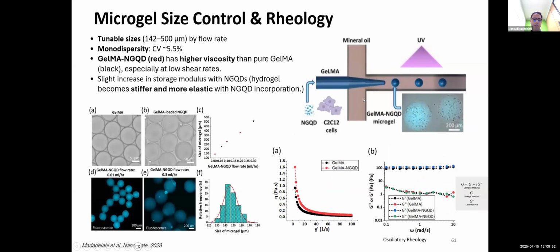We use that in this microfluidic device where we have NGQDs plus C2C12 cells, which are muscle cells, and we made such microgels, right? You can see this fluorescence image here because of that NGQD, and we also did some mechanical tests. We could show that adding NGQD can increase the viscosity of that hydrogel and also make it more elastic.